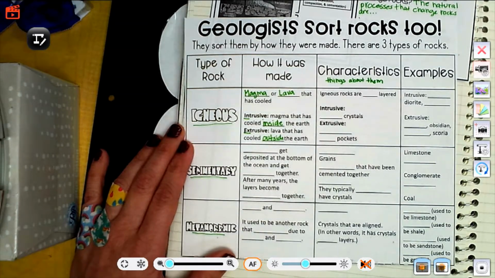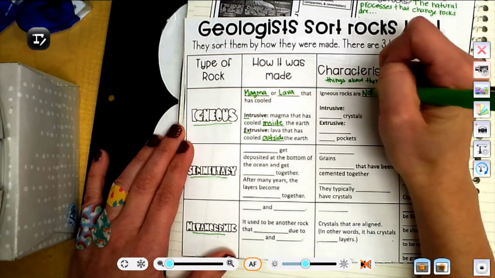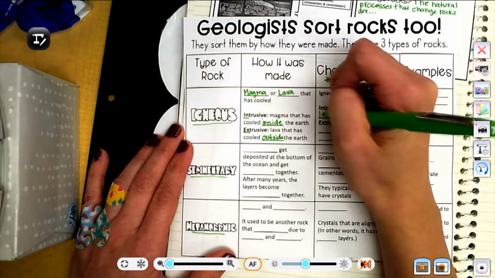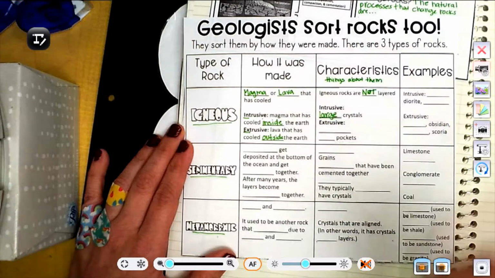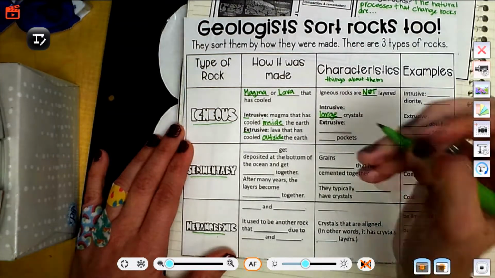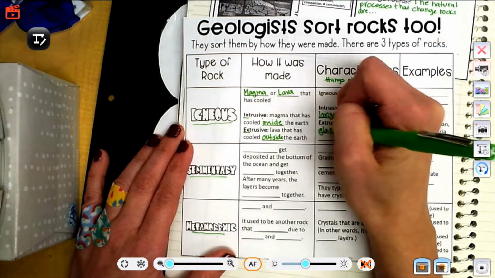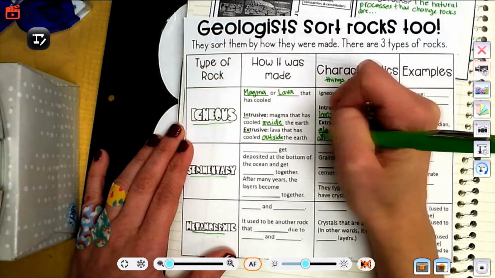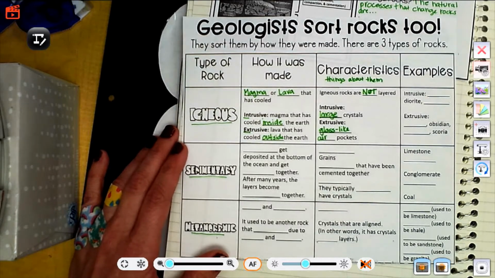Igneous rocks are not layered. Intrusive have large or small? Yes, large, because they take a long time to grow. Extrusive can either be glass-like or have air pockets, or they just might have small crystals.